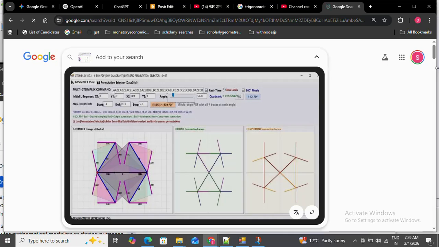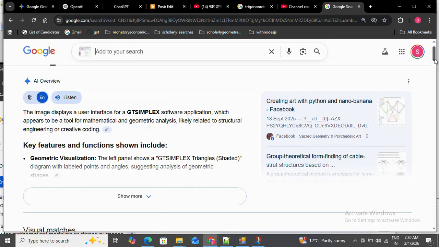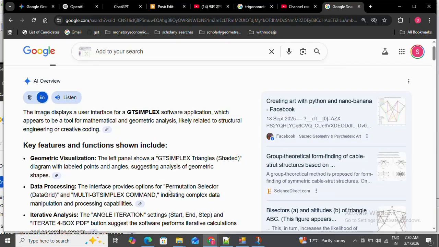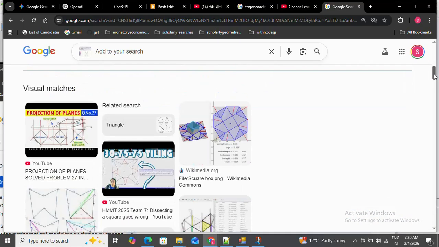We can see the GT simplex software applications, which appear to be a tool of mathematical geometry analysis, like the structure in creativity coding, and GT simplex triangles and multi-GT simplex commands, permutation selectors. And these kinds of images are visible for other kinds of software also.